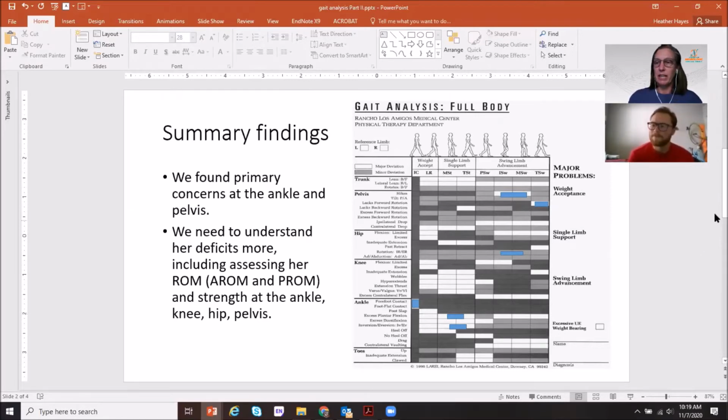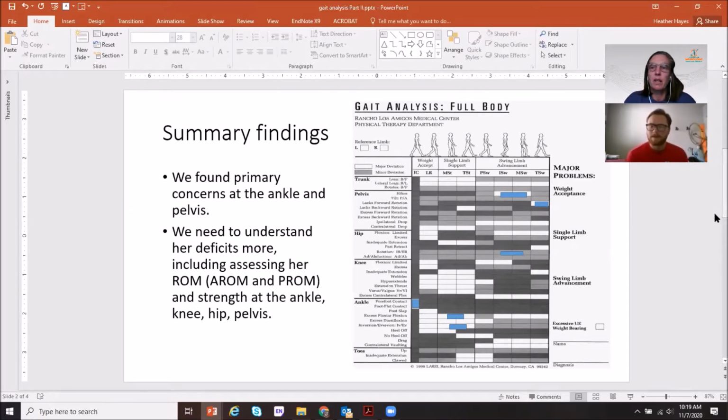So if we think about the ICF model, we have our impairments, and then are there any functional limitations or participation measures you'd like to measure? Functional, yeah, I think we could do, like I said, lots with gait. Participation, I think we could also give her some of those outcome measures, like the confidence scales and how well she thinks she's doing around her community.